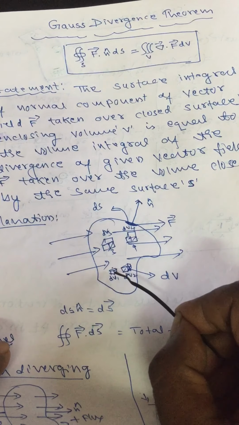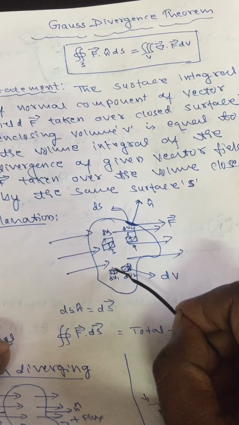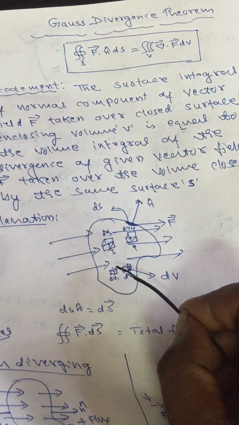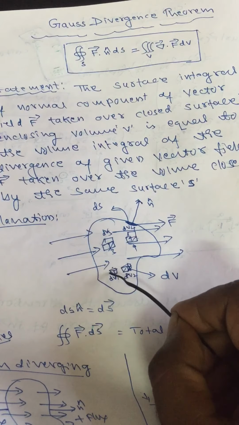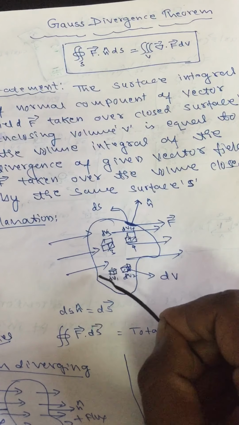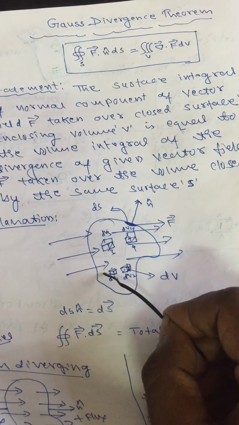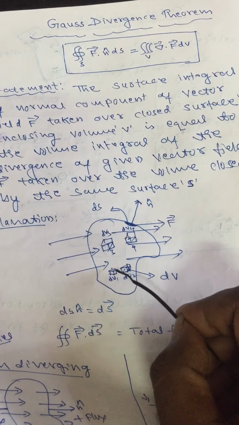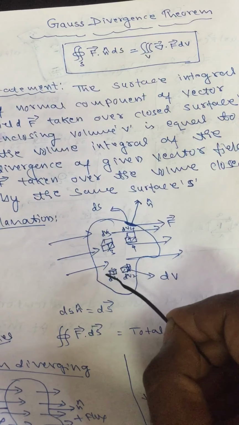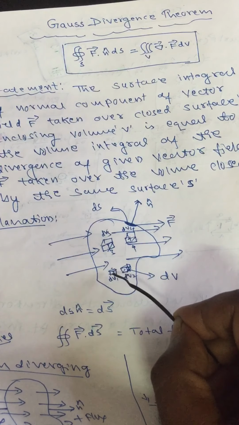So you take an infinitesimal volume, that is dv1. Here the field enters at one side and leaves at another side, meaning the divergence of the field, isn't it?